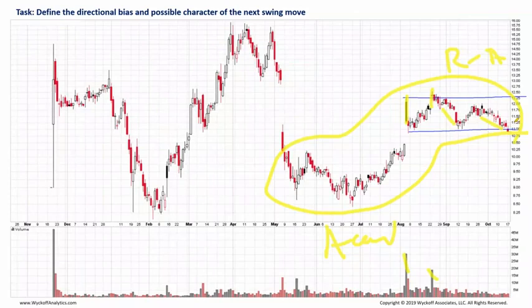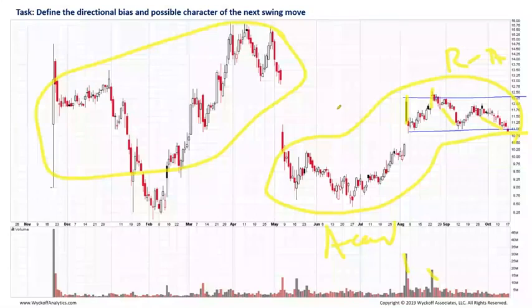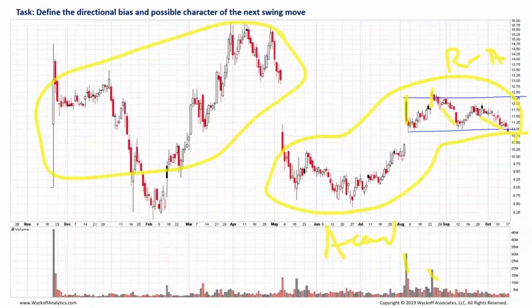Whatever supply comes in, it's all being absorbed. That's why there is such a big difference between these two areas: in the first area there is so much volatility, and in the second one there is a very controlled move to the upside. Whatever supply comes in does not produce a big reaction. After that supply, absorption happens at the higher level.